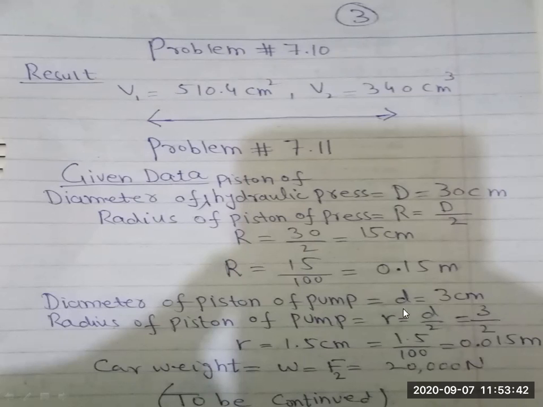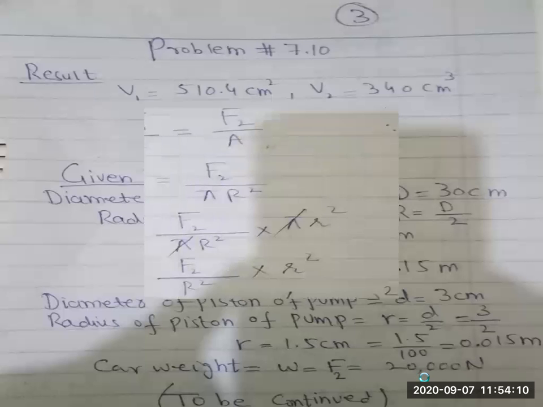Similarly, the small piston diameter is 3 centimeter; I converted it into radius by dividing by 2, and into meter by dividing by 100, because the SI unit of the radius is meter. The force is already in the standard unit Newton, so I don't need to convert it. So the car weight is noted with F2, which is 20,000 Newton.